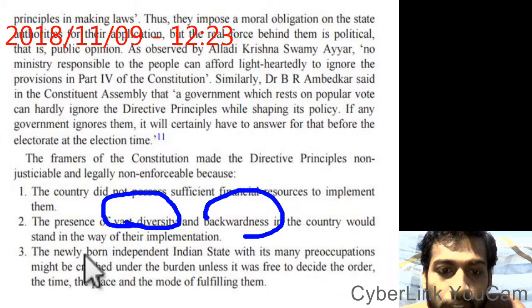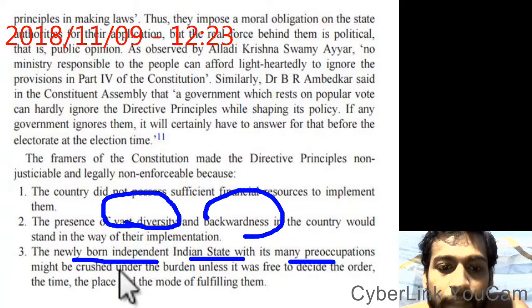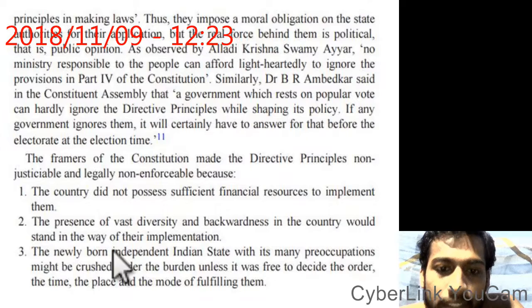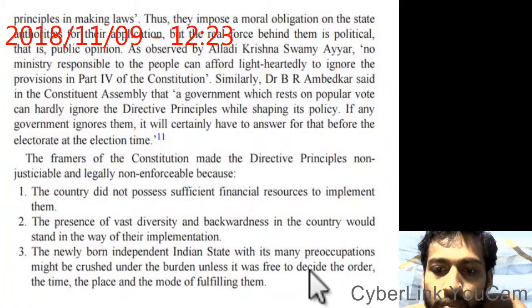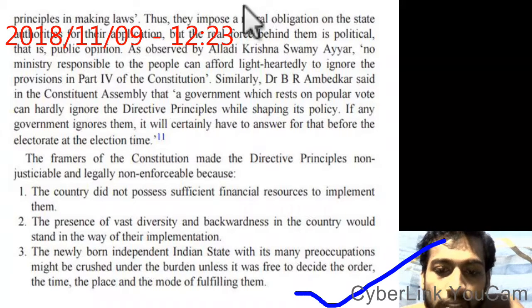This is mainly important for a newly independent state like India, which had many preoccupations. The state had to be free to decide the order, the time, the place and the mode of fulfilling them.